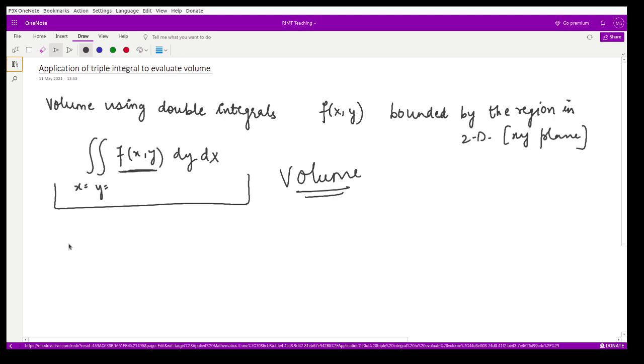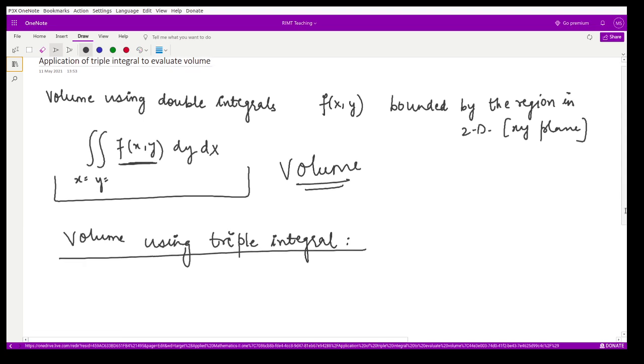But how do you calculate the volume using triple integrals? Your triple integrals also represent the volume. How?